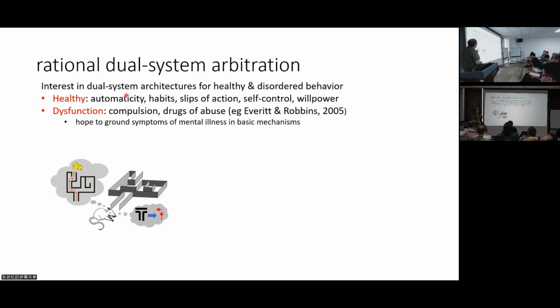It's a very popular idea, in part because it seems like an easy way of thinking about why we might be of two minds about various things. And so people bring it up in social psychology for racism and moral dilemmas, and for drug abuse and other compulsive disorders in psychiatry.